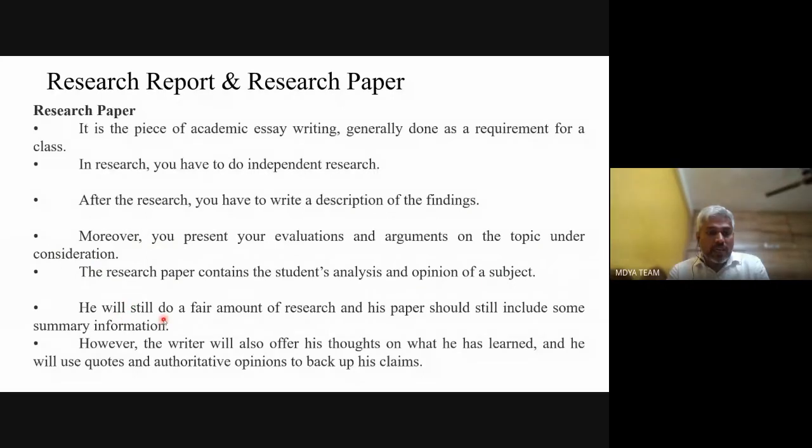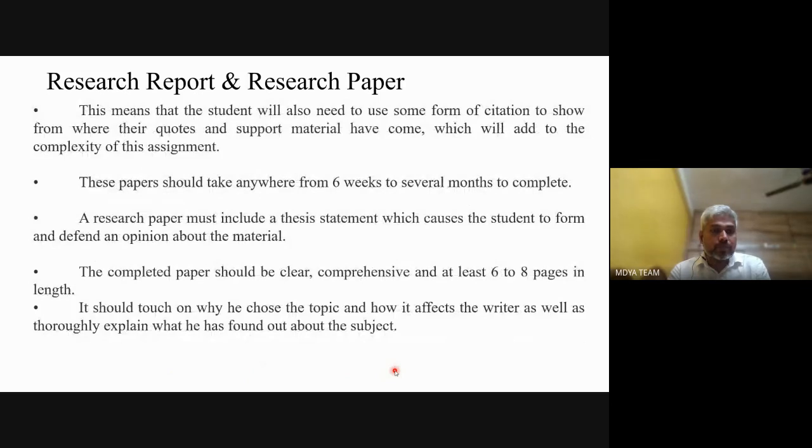He will still do a fair amount of research, and his paper should still include some summary information. However, the writer will also offer his thoughts on what he has learned, and he will use quotes and authoritative opinions to back up his claims. This means that the student will also need to use some form of citation to show where their quotes and support material have come from.